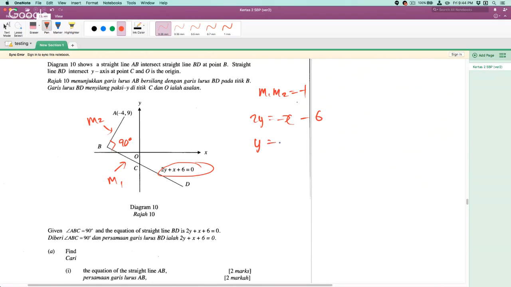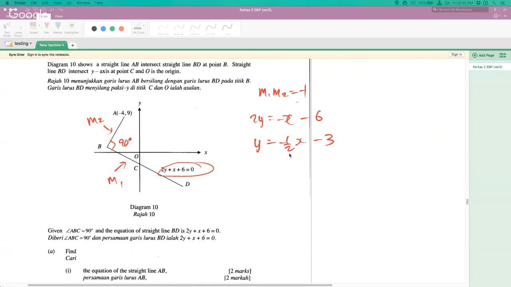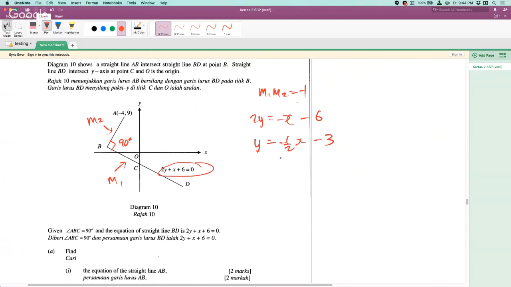So y equals -half x minus 3. Now we know our gradient is -half. Then I can substitute: -half multiplied by the second gradient equals -1. So the second gradient equals 2.